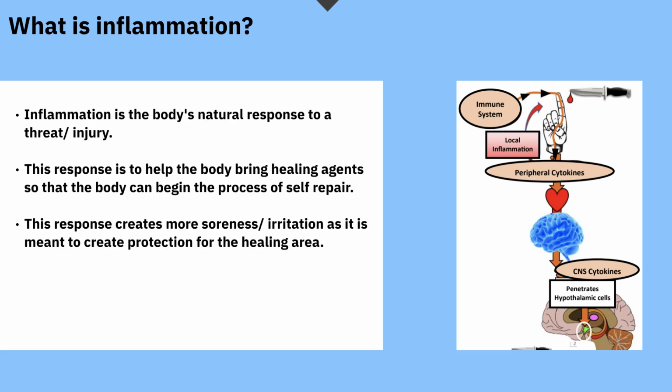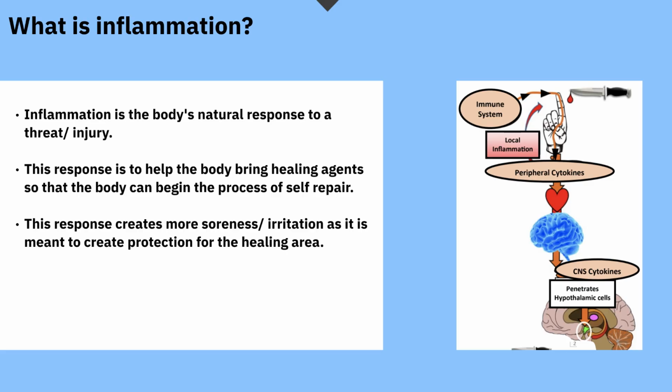So we start to break down what is inflammation, and it's a word that you hear all the time, and it's almost become a redundancy in some way or another. But inflammation is the body's natural response to threat or injury.